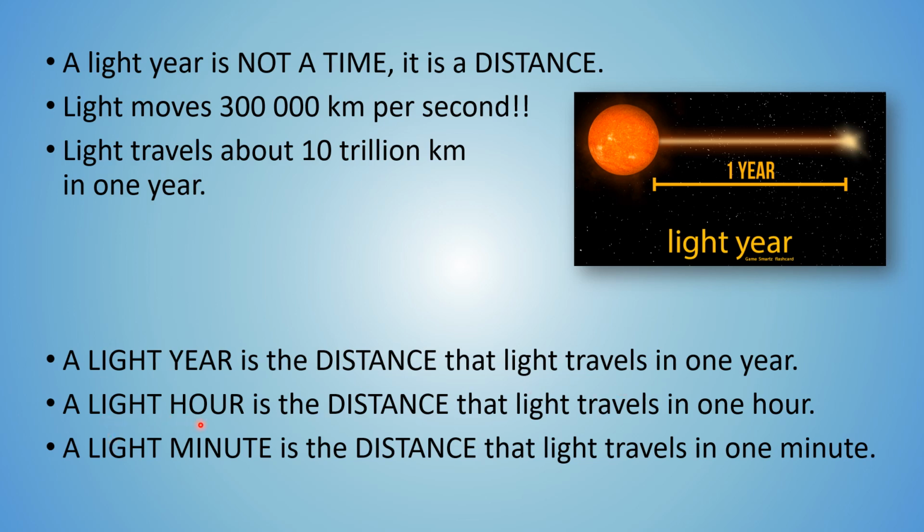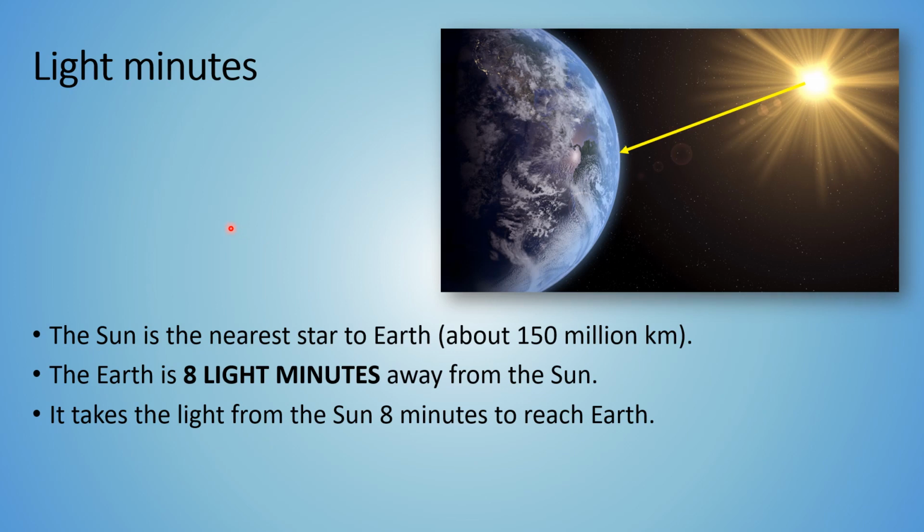For shorter distances in space, we can use light hours. A light hour is the distance that light travels in 1 hour. And then a light minute is the distance that light travels in 1 minute. So, which distances do we measure in light minutes? The distance from our sun to the Earth, as we said earlier, is around 150 million kilometers.